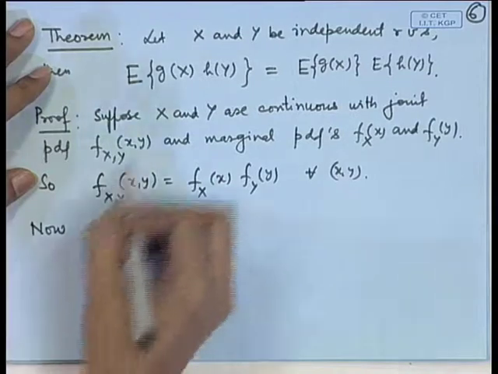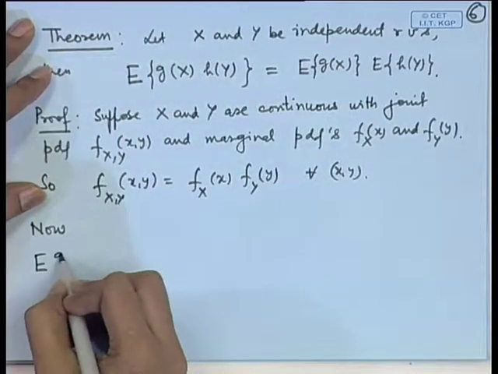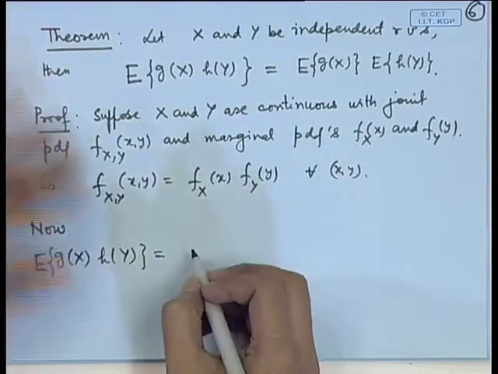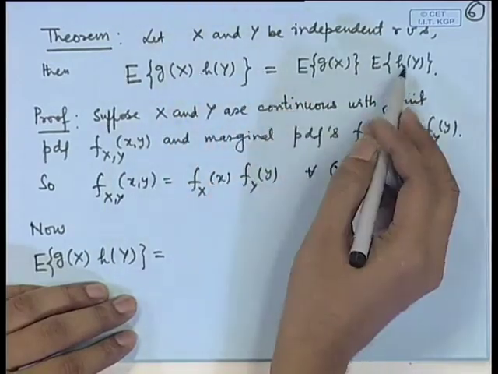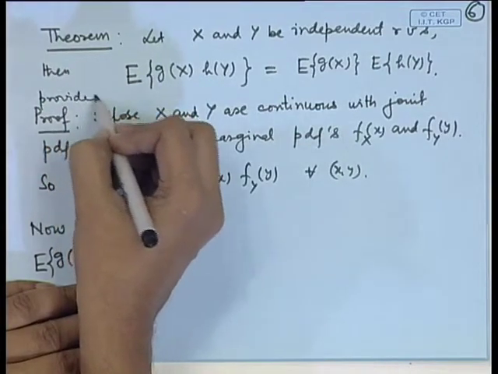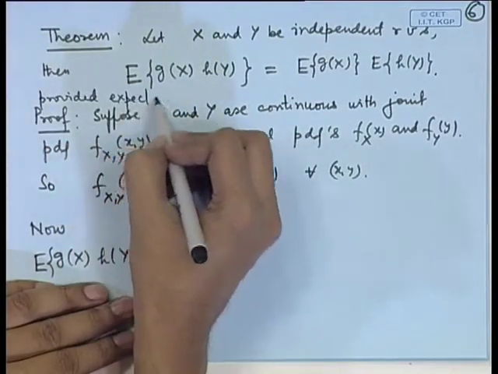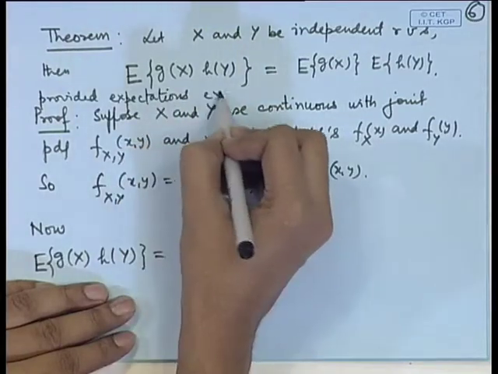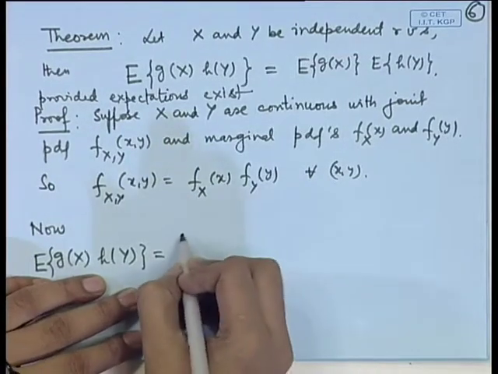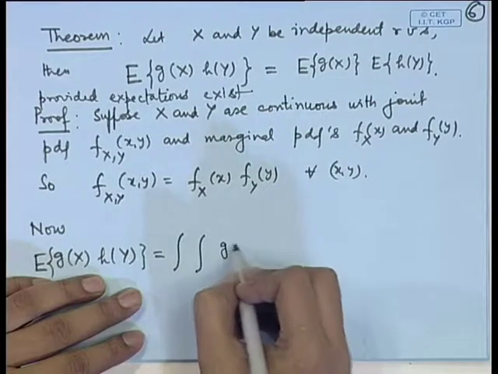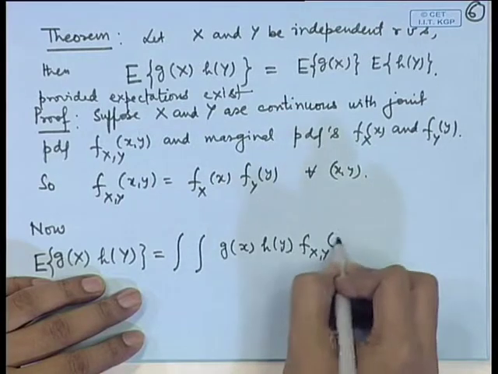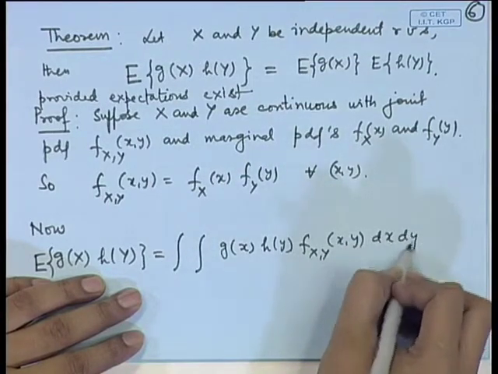So, now consider expectation of g x into h of y. Of course, these statements are valid provided these expectations exist. So, by definition of the expectation, it is equal to the integral of g x into h y f x y dx dy, or dy dx.